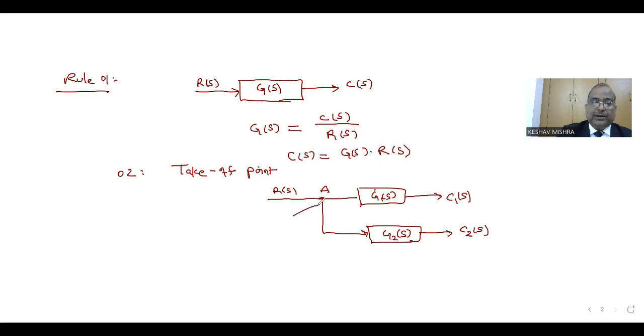So this point A, from where we can apply the input to one or more stages without altering the input signal, is known as the takeoff point. This is called the takeoff point.